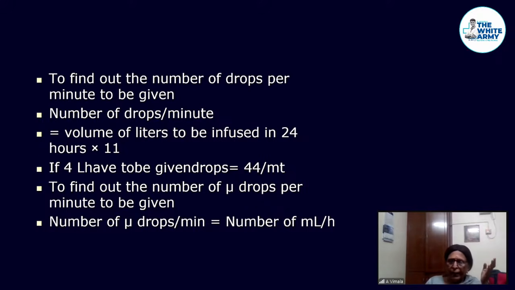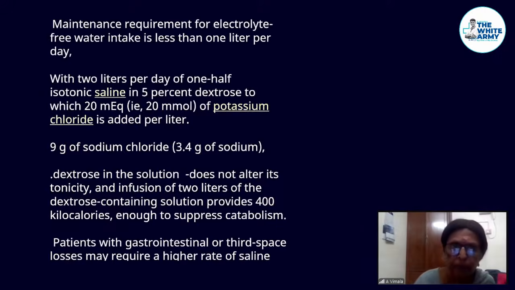If you are using noradrenaline or adrenaline, and you are aiming at 15 ml per hour, then you have to use a micro infusion set and set it to 15 microdrops per minute. So this is also to be told to the staff if they are not aware of this.